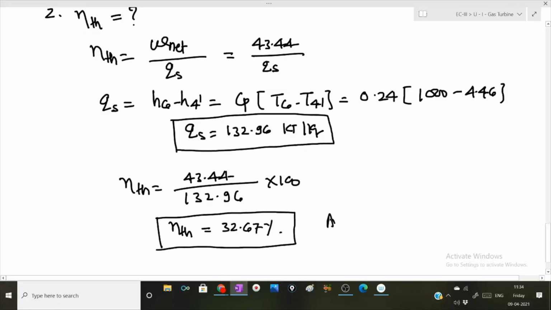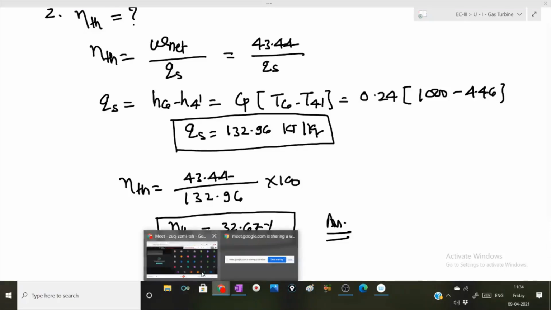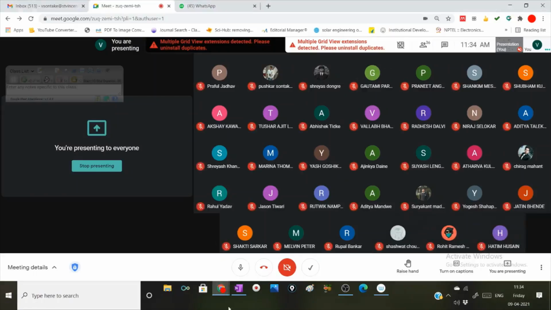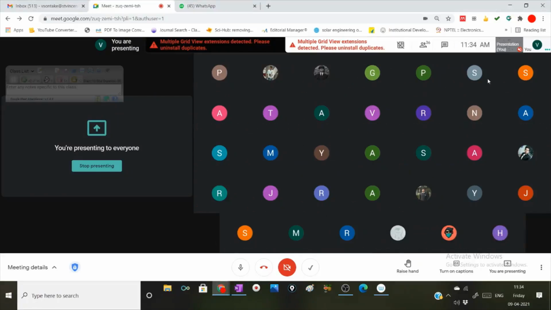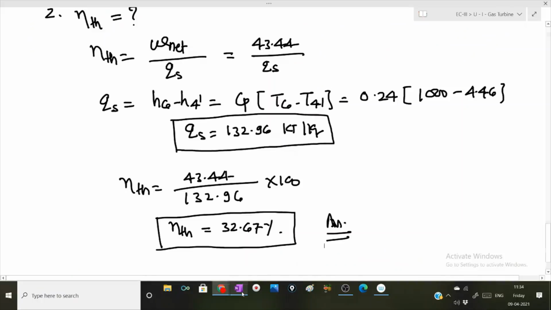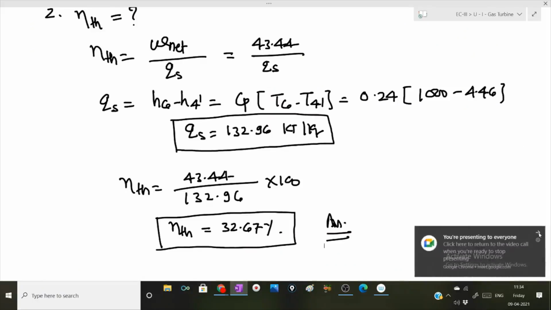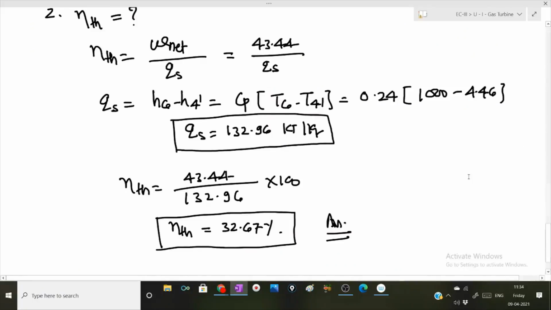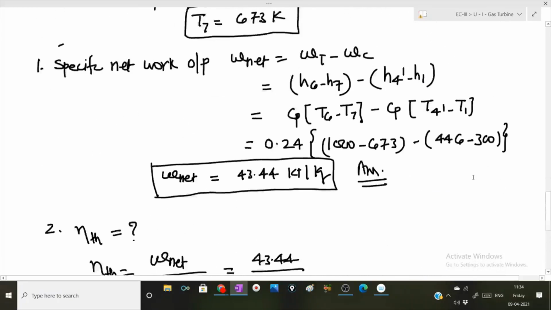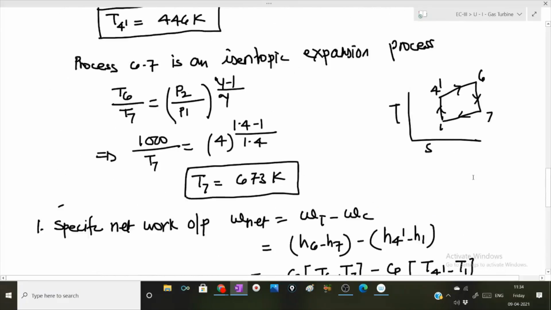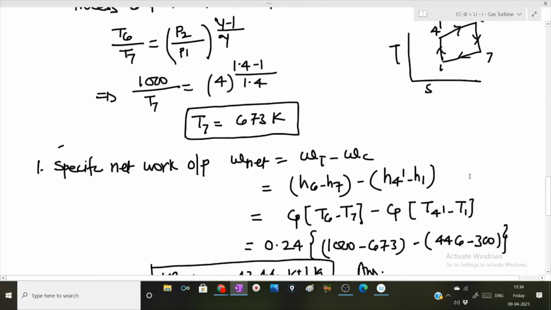This is answer number 2 for basic cycle 1. Any query meanwhile, please ask. So this is the basic cycle. For basic cycle 1, 4 dash, 6, 7 we could calculate specific work output and thermal efficiency.